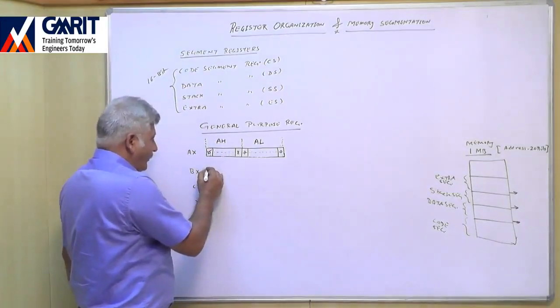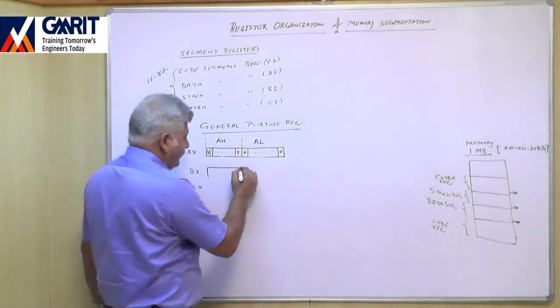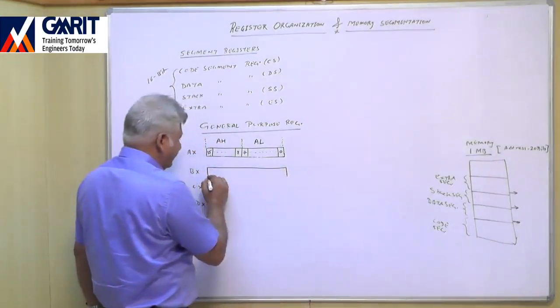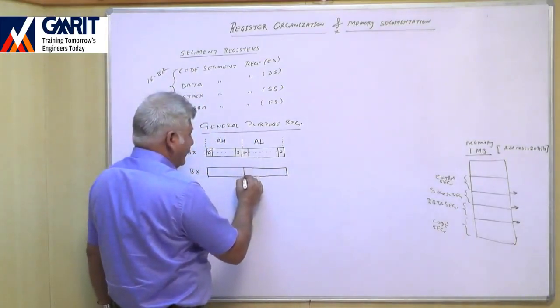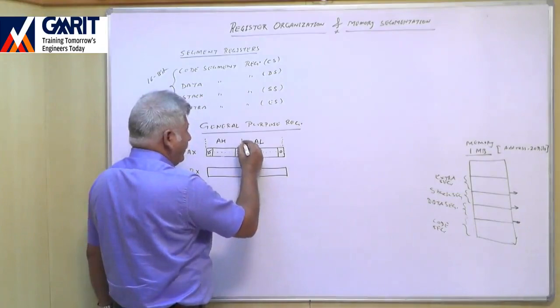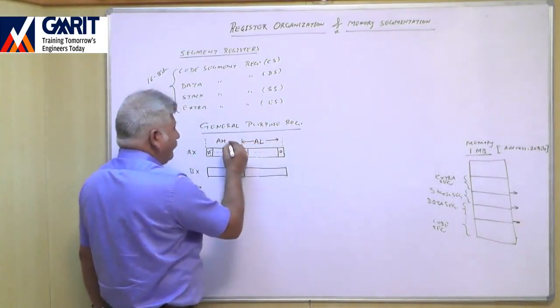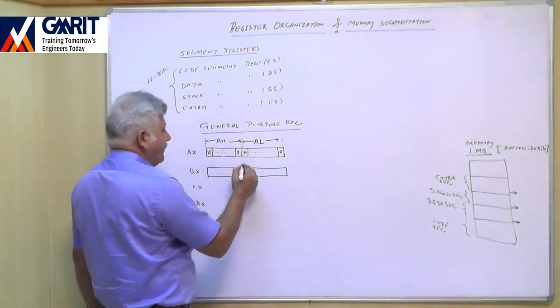Now in the same way for the BX register. This is a 16-bit register, and we can split it into two 8-bit registers.